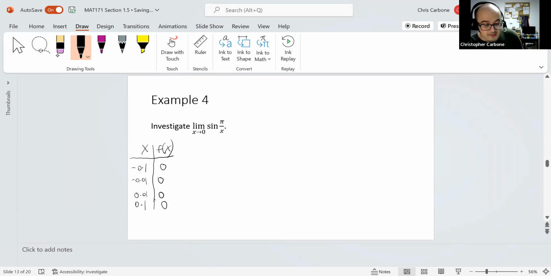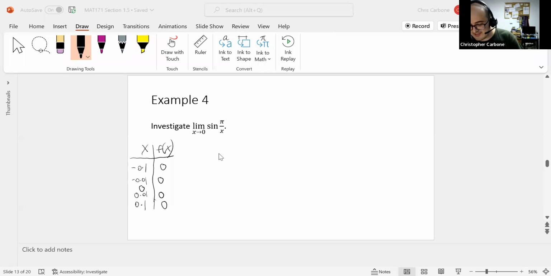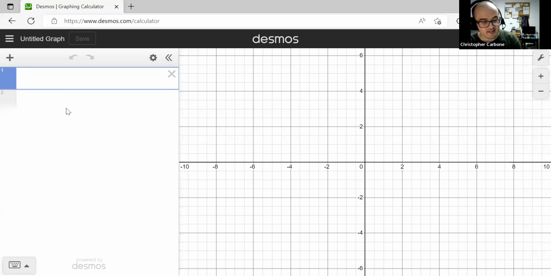So we're tempted to say that this limit at 0 is, well, 0, right? Since the sine of 0 is, well, 0. But now this is where putting it into the graph is important for us to see what's going on with this graph.